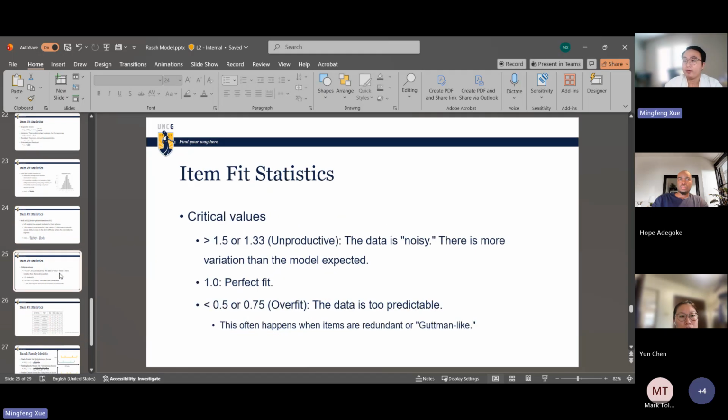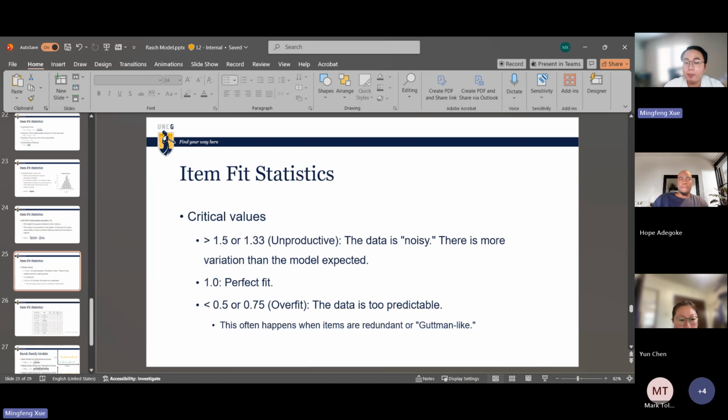And there's a critical value for these two statistics. If you are using a more liberal rule, you can use 1.5 and 0.5. Any item between 0.5 and 1.5 can be considered a fit item.